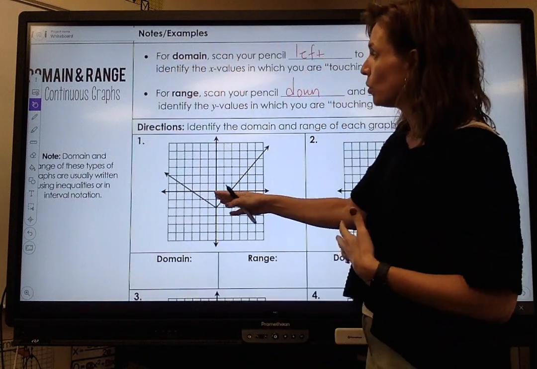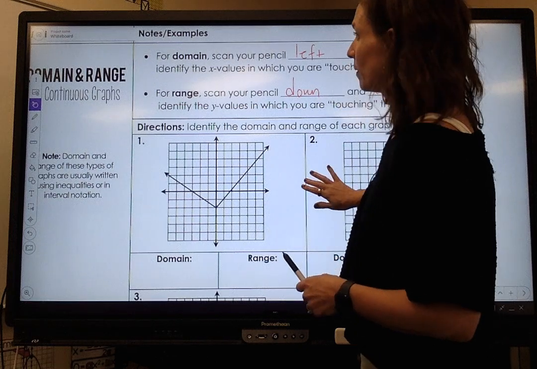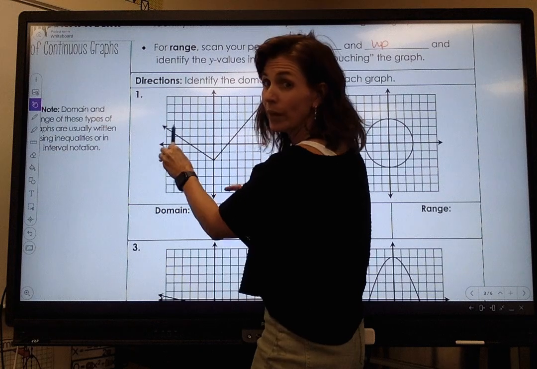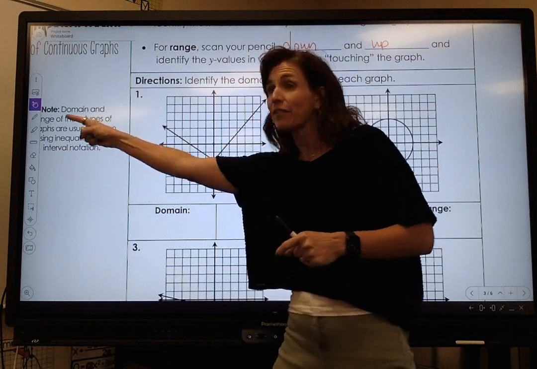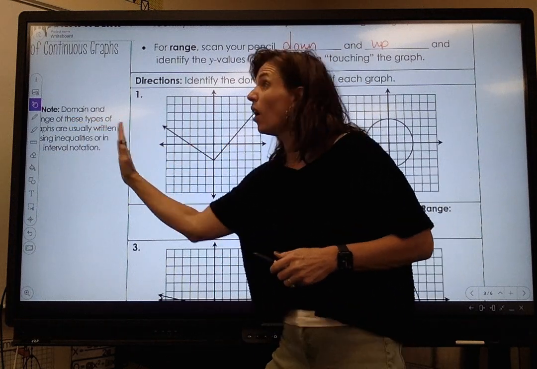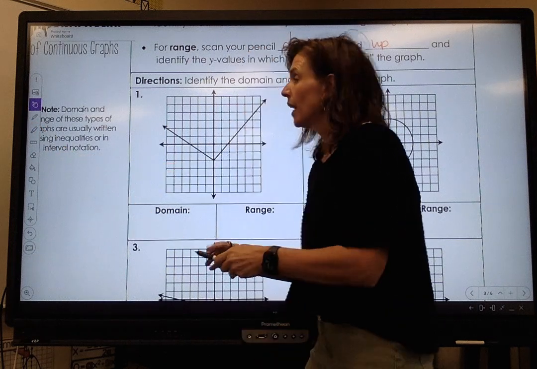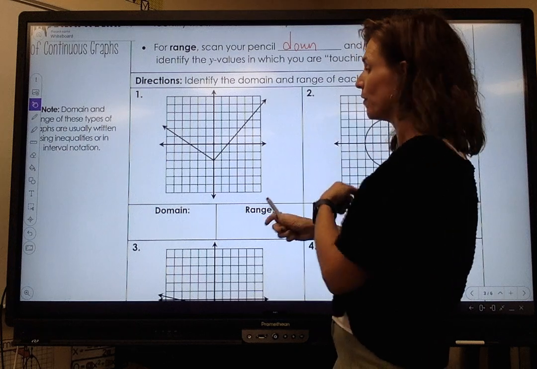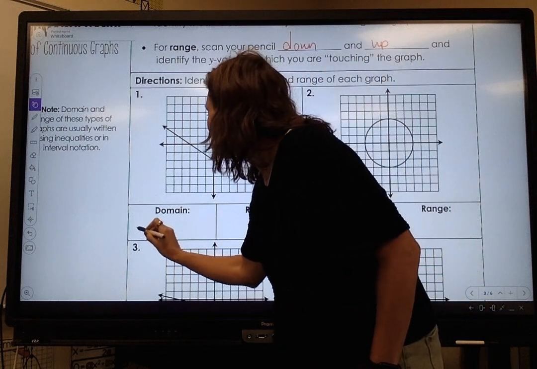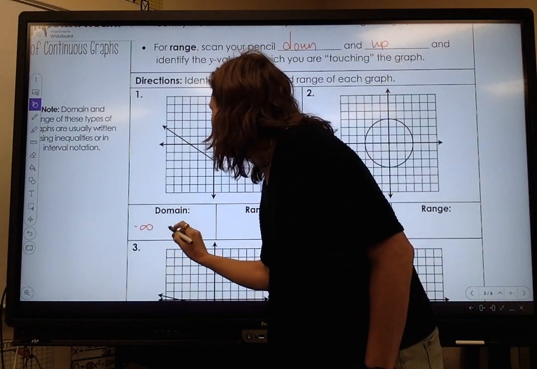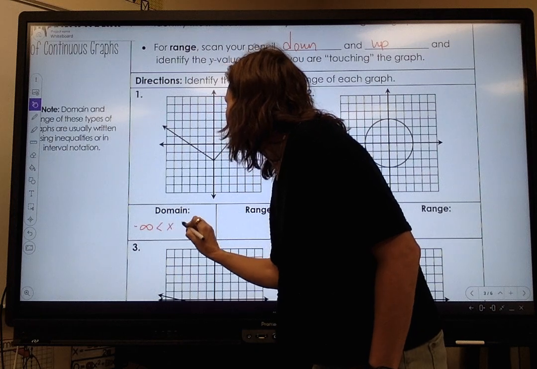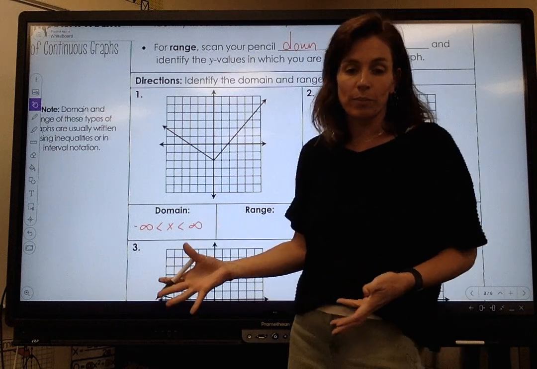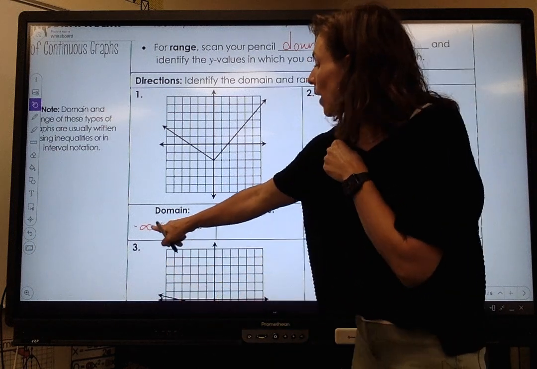So if you look at number 1, here's my graph, and I went all the way to the left. How far left is this graph going to go? It's going to go all the way to negative infinity. And how far right would it go? It would go all the way to positive infinity. So my domain is negative infinity is less than x, which is less than infinity, right? It's all real numbers. So you can write it this way.